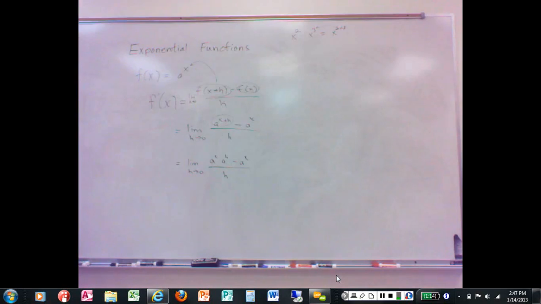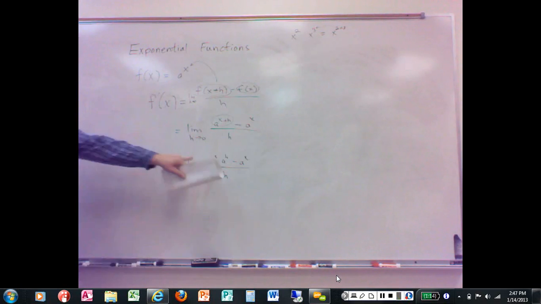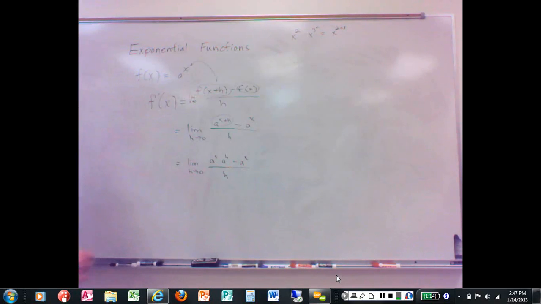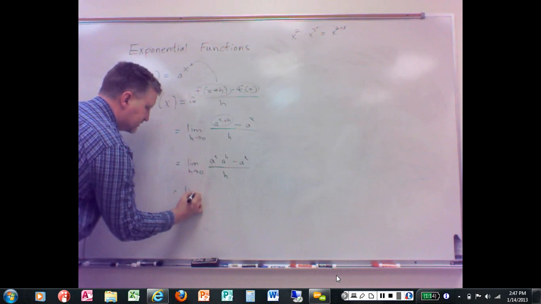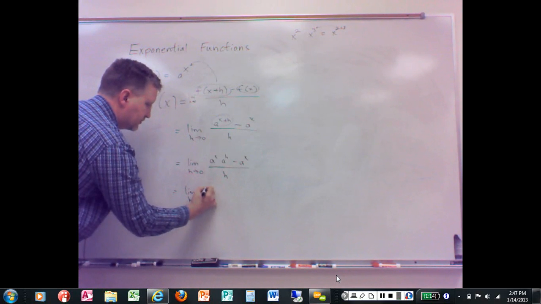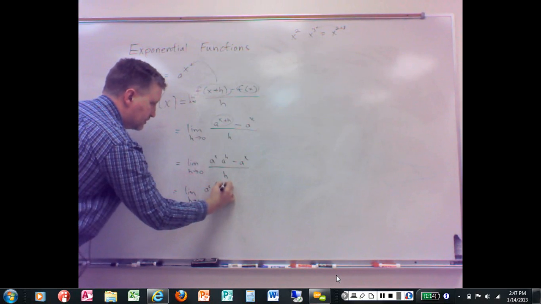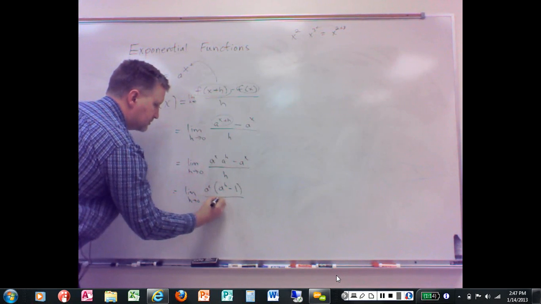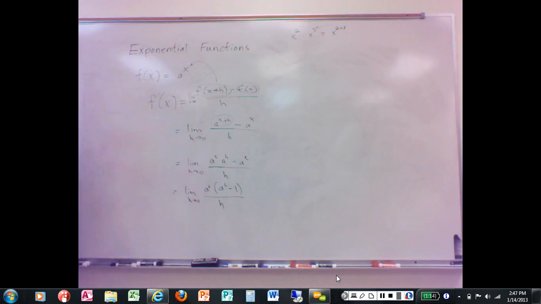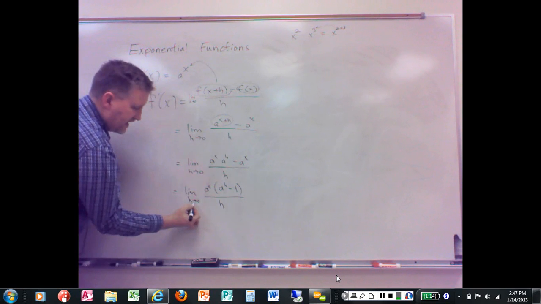Well, what do you see there I can do? I've got a common factor of a to the x, so I can pull out an a to the x. Okay? If you remember things about limits, the h is what's varying, right?